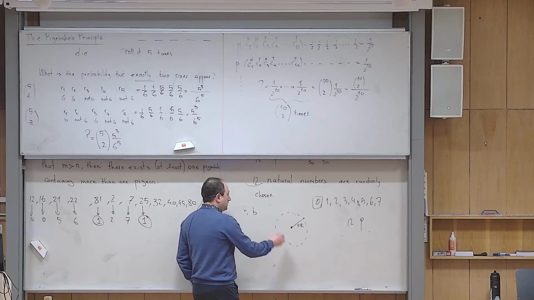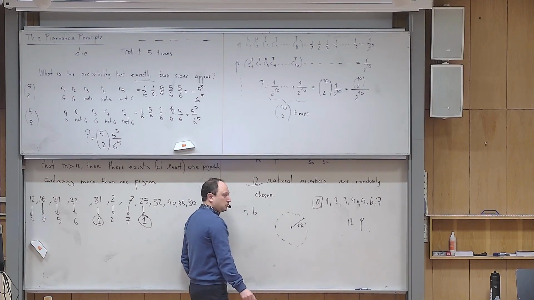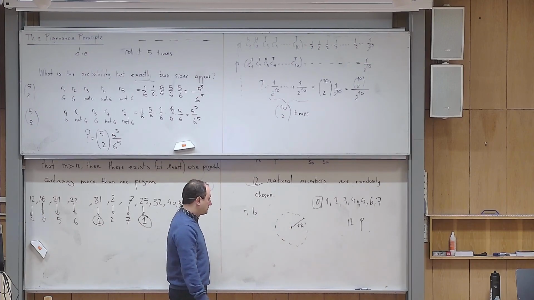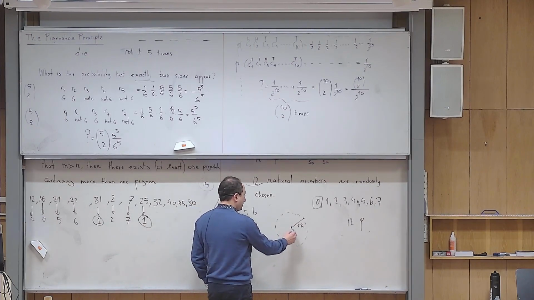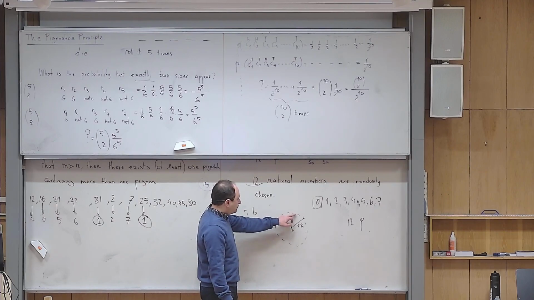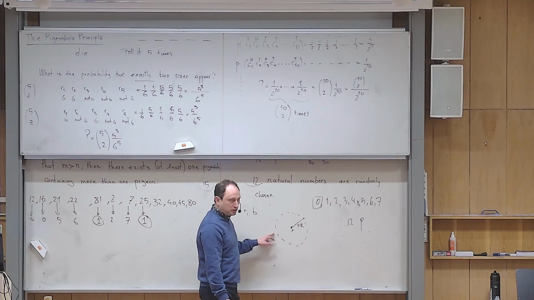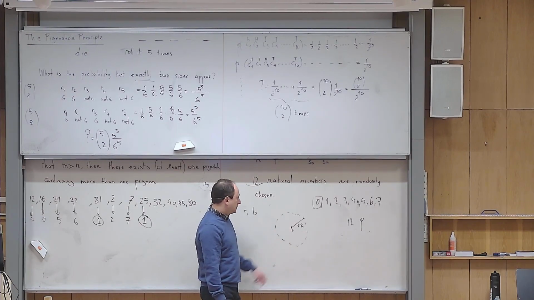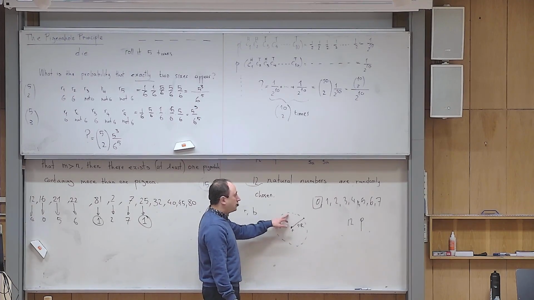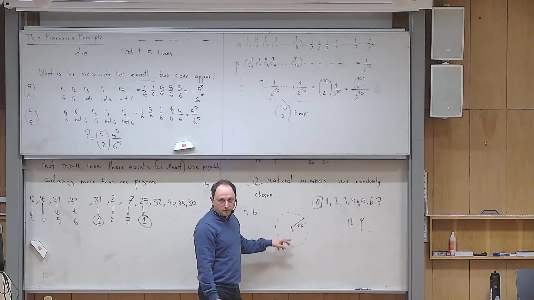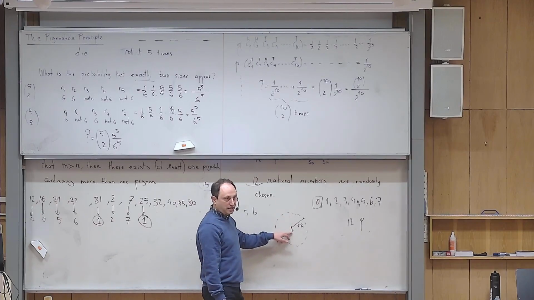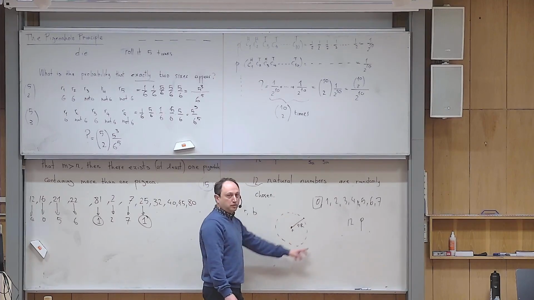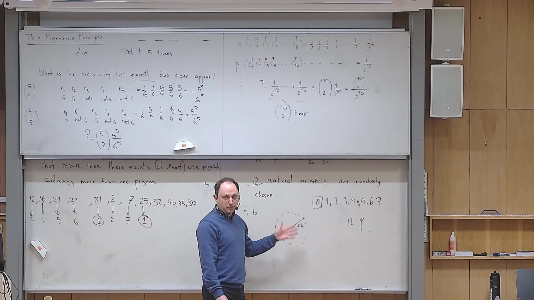If one of them is the same color as this one, then you are done. For example, if it is red and you can find one red here, then the problem is solved. If this is blue and you find a blue there, still the problem is solved. But let us say this is red, but all of them are blue, then the problem is not yet solved.